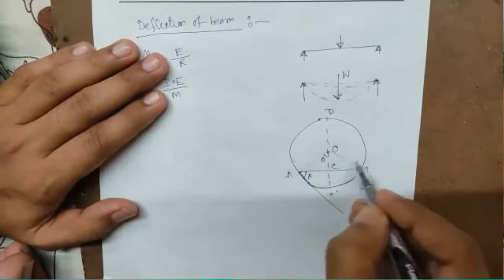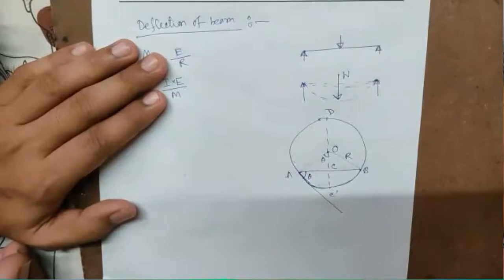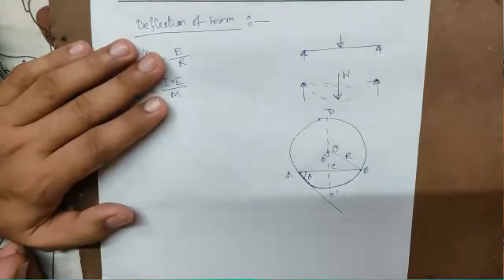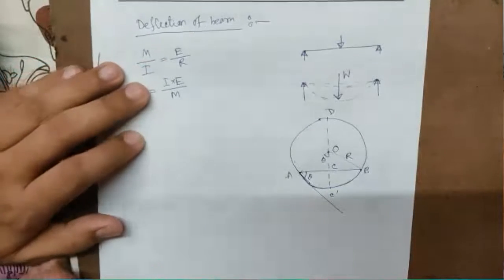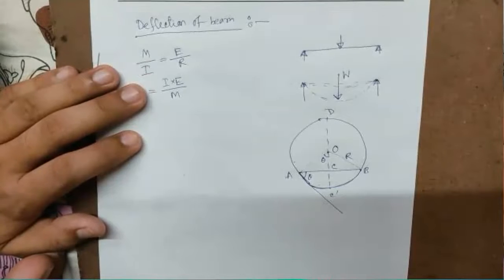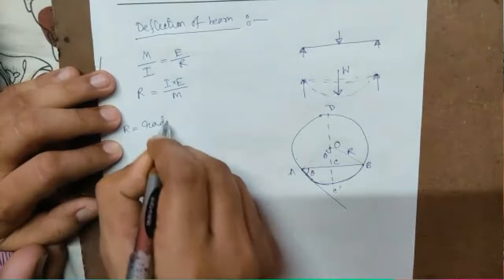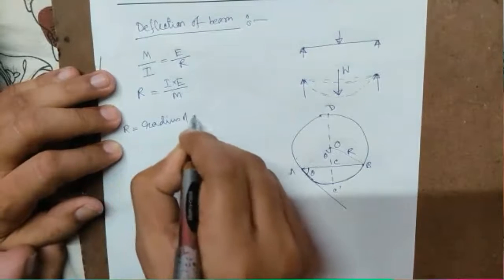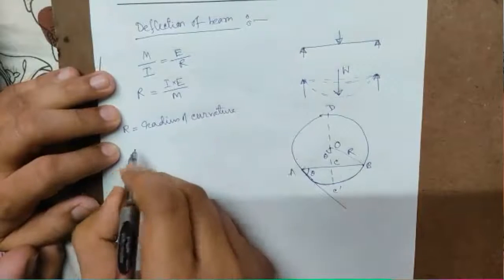Now the radius AO or BO will be R. Initially the beam was ACB. After loading, it has become AC dash B. R is the radius of curvature.